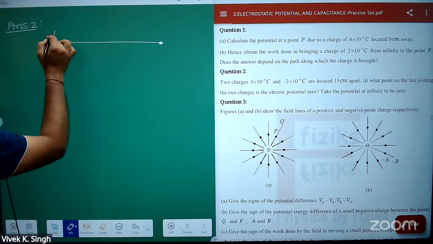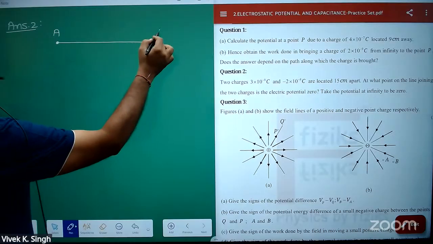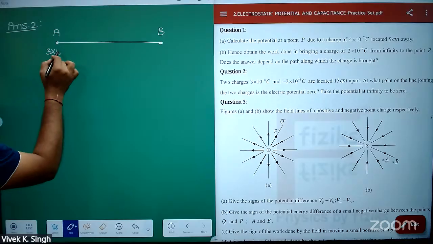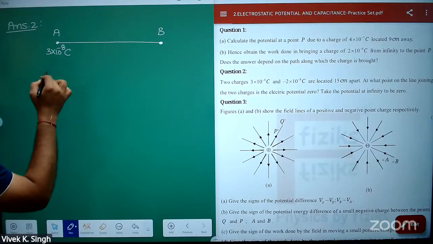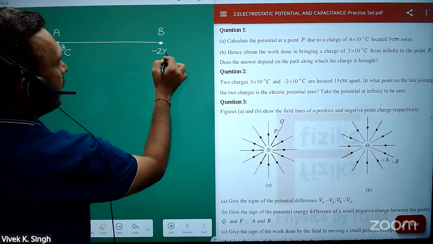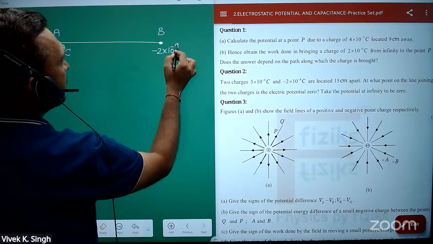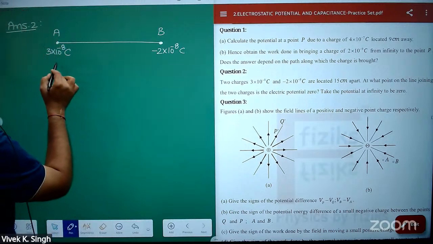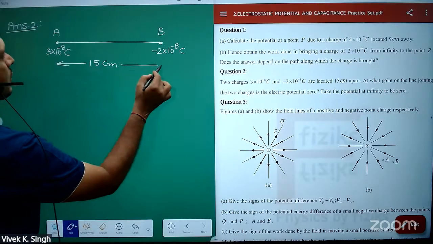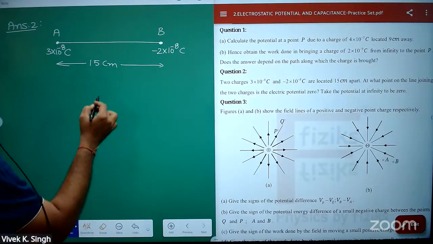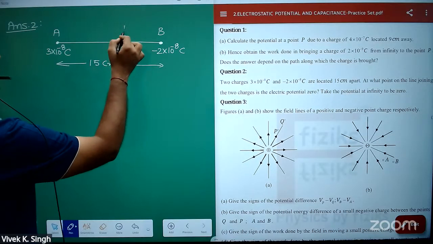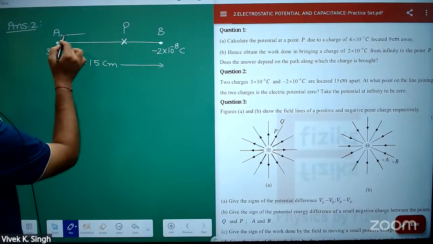Let's say this point is A and this point is B. This charge is 3 into 10 to power minus 8 coulombs, and this charge is minus 2 into 10 to power minus 8 coulombs. And this is 15 centimeter. Let's see at any point P. Now this is point P, which is X distance away.